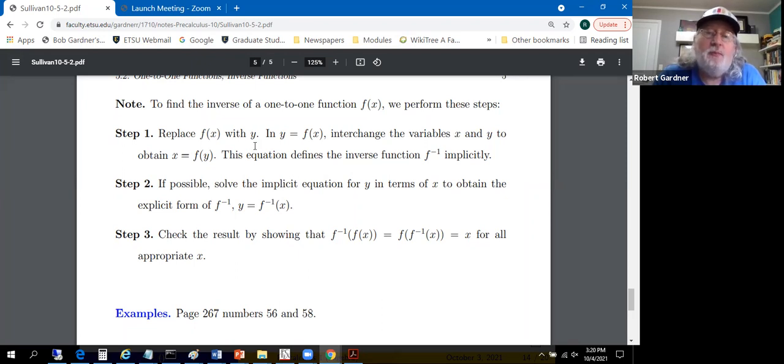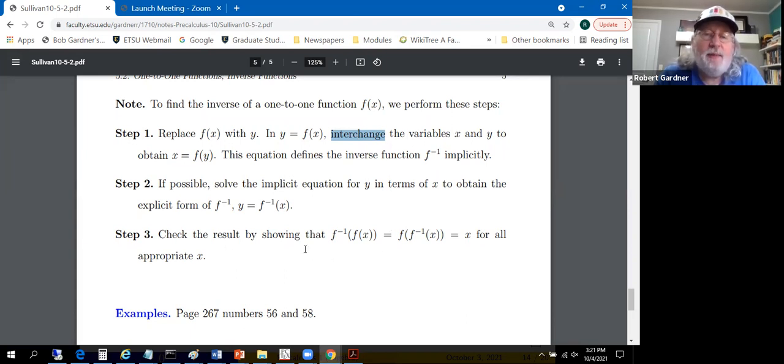So replace f of x with y, interchange the x's and the y's, and then solve for y. Or replace y with x and then solve for x. Stepwise, it's laid out by replacing f of x with y, interchange the x's and y's, and then solve for y. So there's a couple of ways we can process these steps. I'll try to do it as it's laid out here.